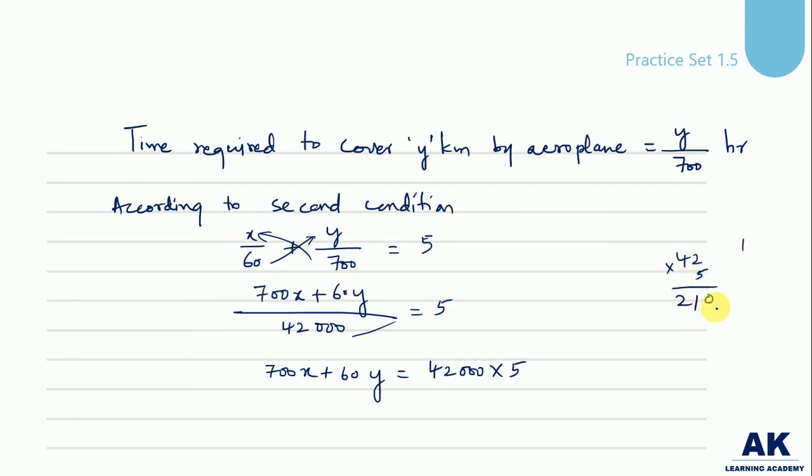So 210, is it right? So 700x plus 60y is equal to 210, and here it is 3 zeros, right? 210 and 3 zeros.